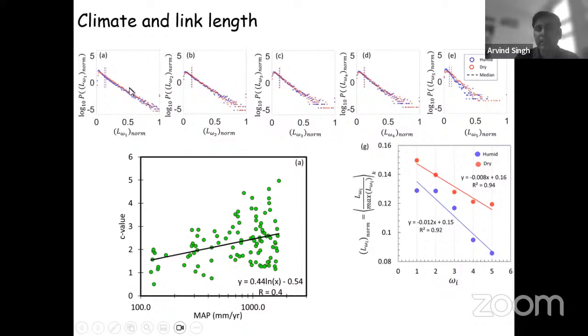And we know that the link length distribution exhibits some sort of exponential shape. If we look at the mean link lengths as a function of order, we see that they are consistently smaller. The link lengths are much smaller in the case of humid as compared to dry.